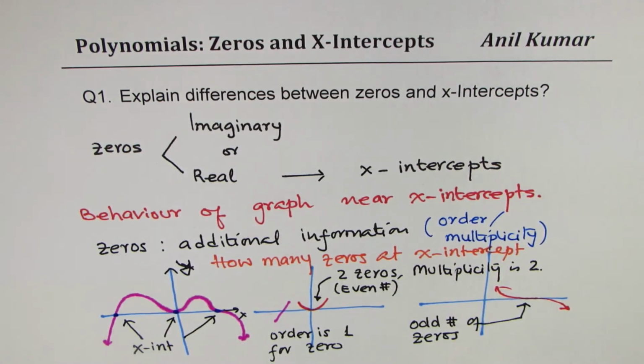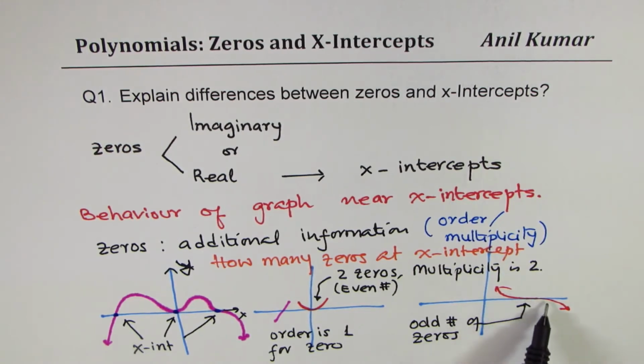If you have one zero, order is 1, it behaves like a linear function. If you have an even number of zeros, it behaves like a parabola, with a turning point. And if you have an odd number of zeros, then it goes like this. It decides to turn but moves on, so it is not a turning point. We call this shape a tilde.